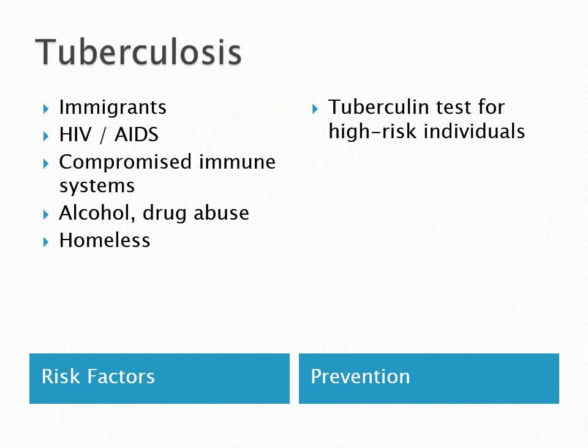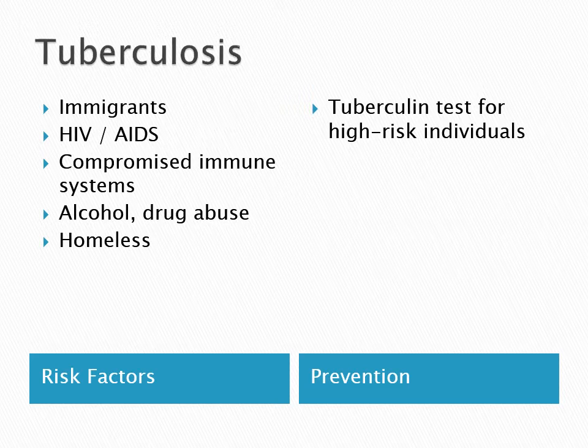So as you can see, the risk factors, and if you think about it, it makes sense, because if you have a compromised immune system, you are going to be at higher risk for the active form because your body is not able to encapsulate the organism.